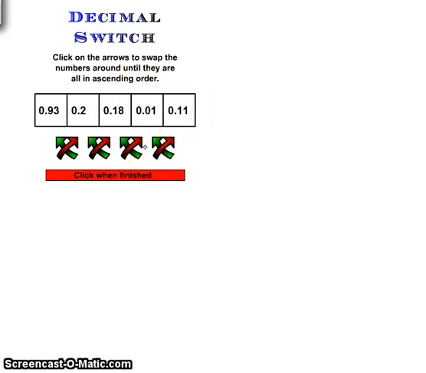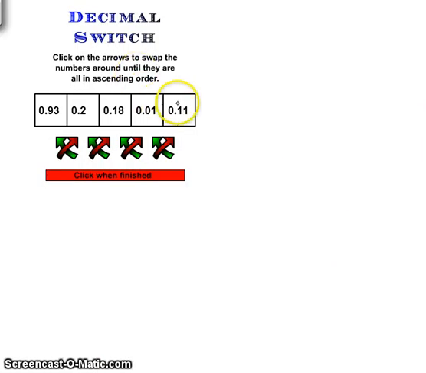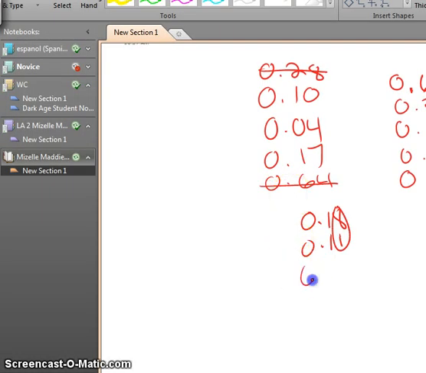And then comparing 0.18 and 0.11, you can see that the 8 is greater than this one, so that would go next. And then 0.01, you can see that in the tenth spot the 0 is less.